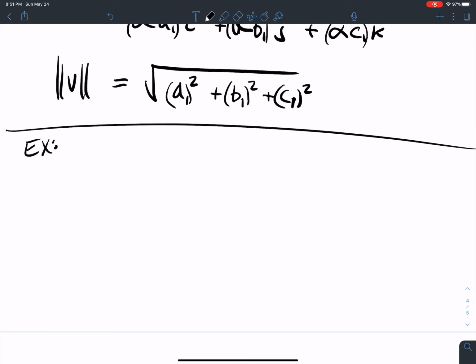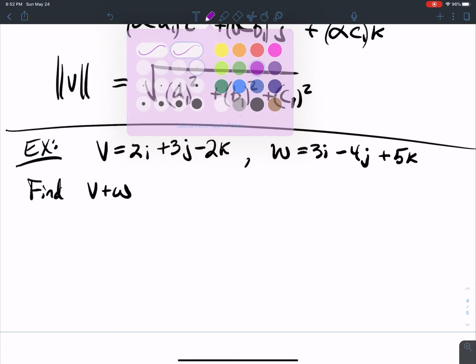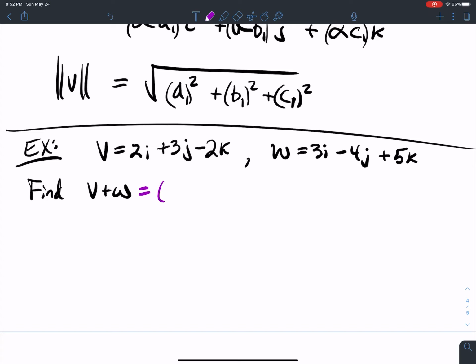So example, v equals 2i plus 3j minus 2k, and w equals 3i minus 4j plus 5k. And I want to find v plus w. Easy enough. I add 2i plus 3j minus 2k plus 3i minus 4j plus 5k.